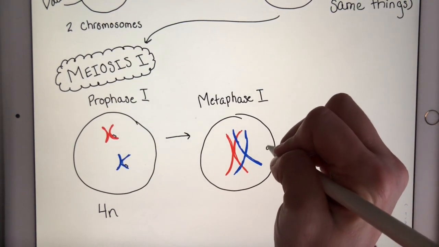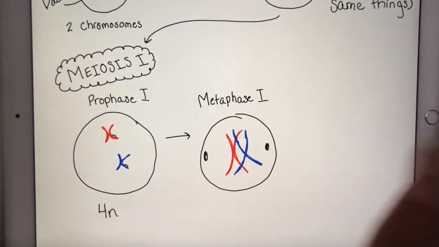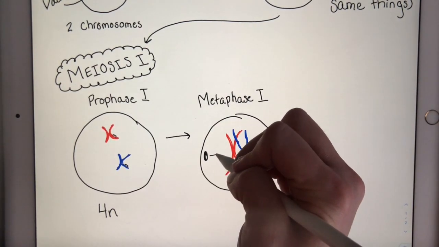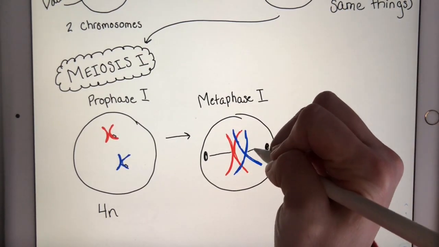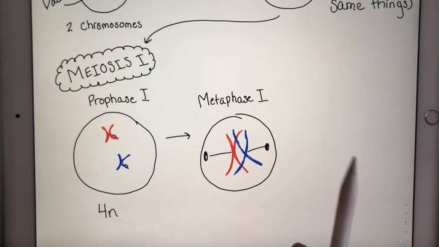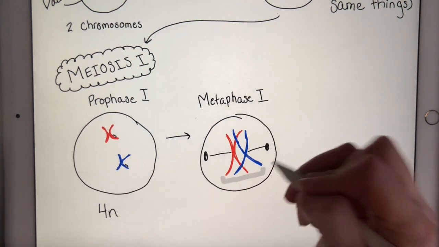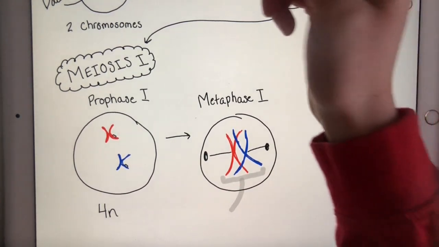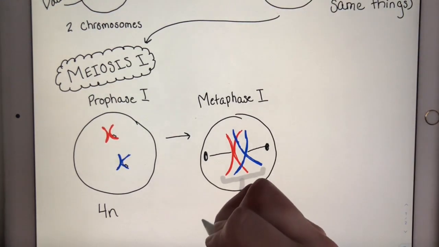I'm going to have my centrosomes on either side of the cell with spindle fibers connecting to the chromosomes. I just have us working with one set of homologous pairs. And when they're together like this, we call them a tetrad.